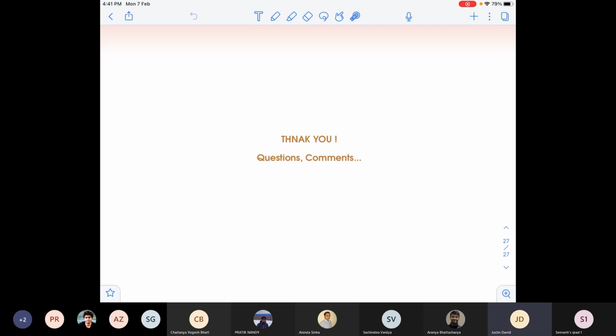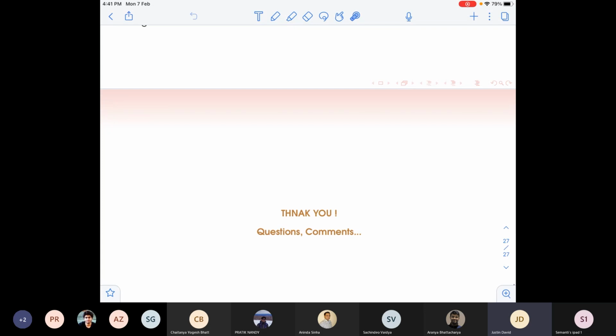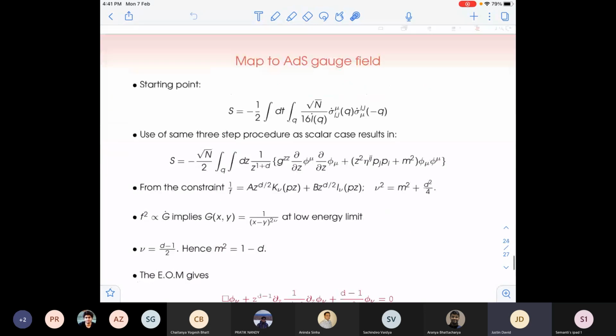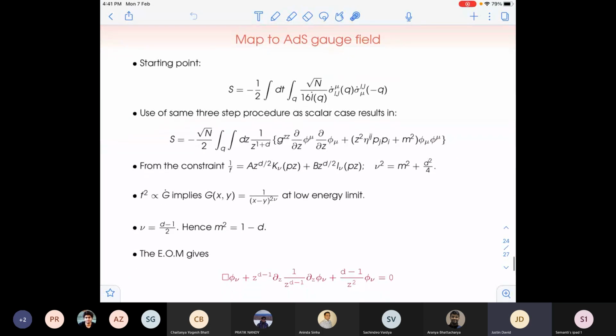Coming back, those fields you got, some phi mu, right? They were just some d minus 1 set of scalars. But they are supposed to be some vector potential. Therefore, they should have a gauge invariance, like phi mu going to phi mu plus d mu chi. How do you show that symmetry?